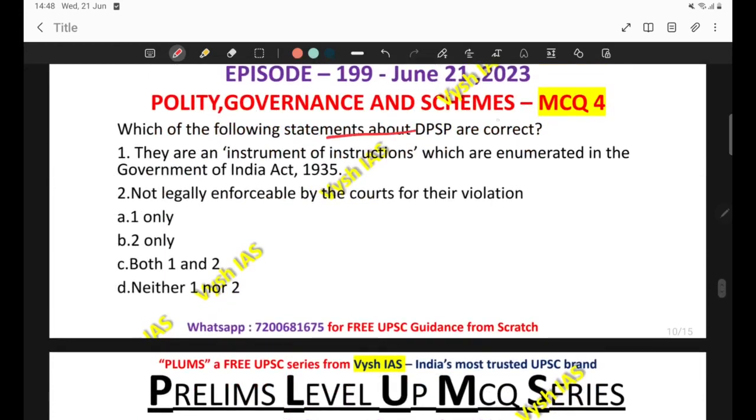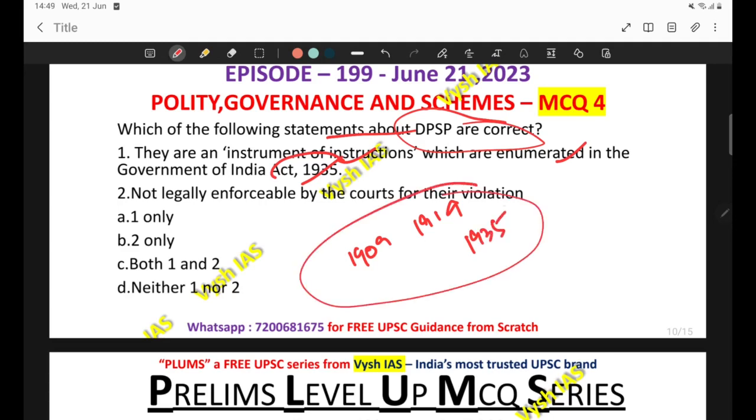Which of the following statements about DPSP are correct? They are the instrument of instructions which are enumerated in the Government of India Act 1935. Yes, these acts are important, whatever important acts like 1909, 1919, 1935. Some acts are related to the evolution of our constitution, and all these acts have important features.